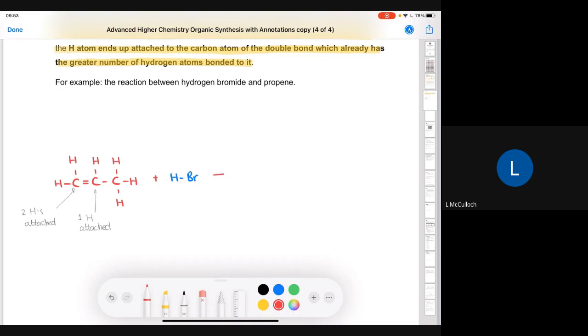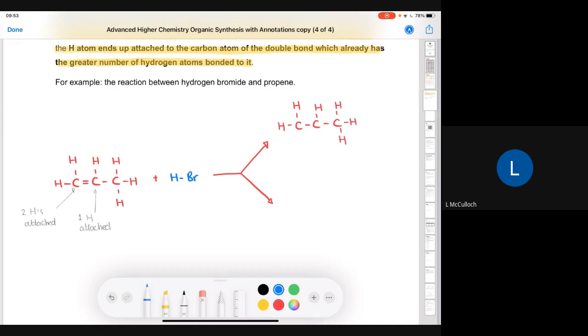So I'm just going to draw our split reaction arrow so that we can draw the two possible products, which we'll call the Markovnikov product and the anti-Markovnikov product. So for the first one, we'll do the Markovnikov product. What I'm going to do is break that carbon to carbon double bond to begin with, and draw in all of the hydrogens that are already present.